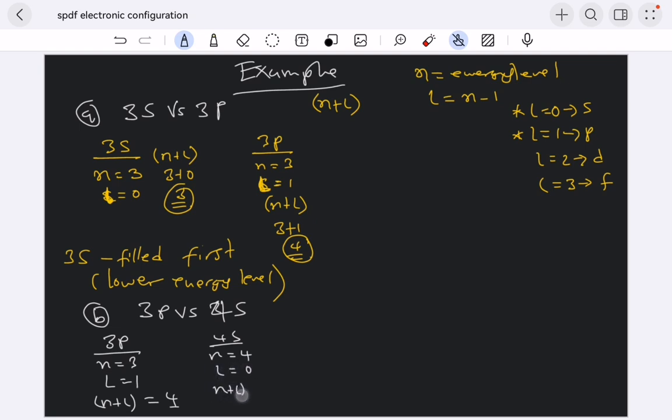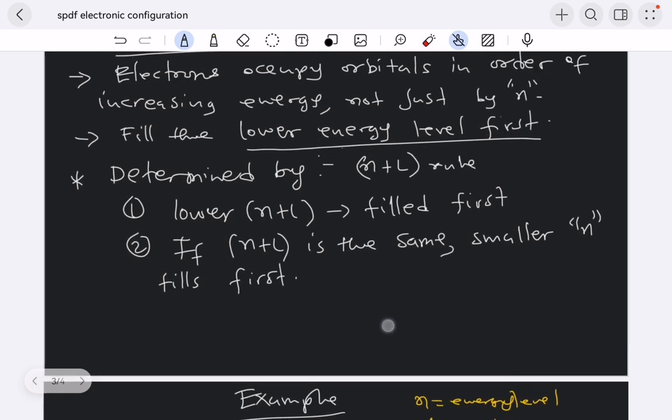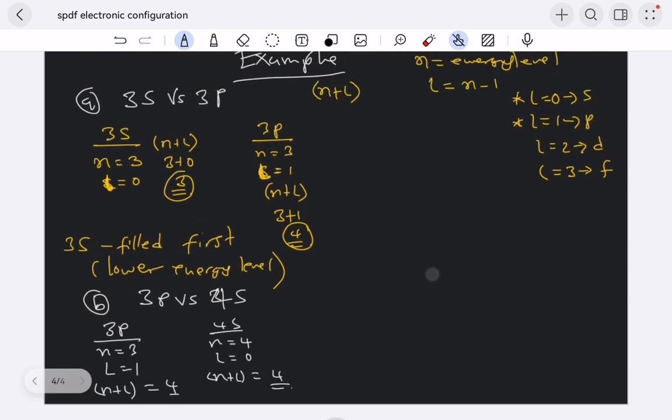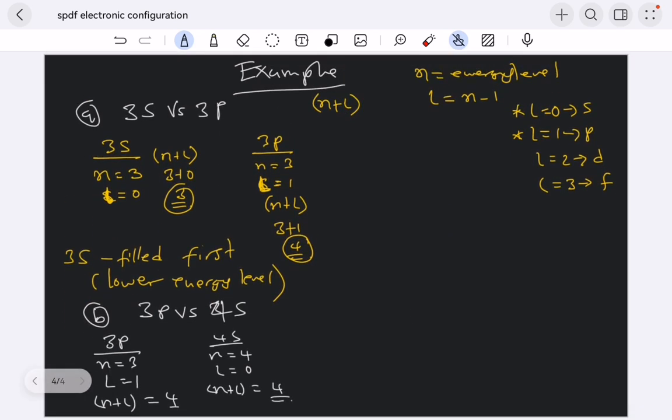So N plus L will give us 4. So in a case where they are equal, this rule emphasizes that the one with a smaller n should be filled first. So in this case, 3p will be filled first. So we're going to allocate the electrons to 3p before we go to 4s.